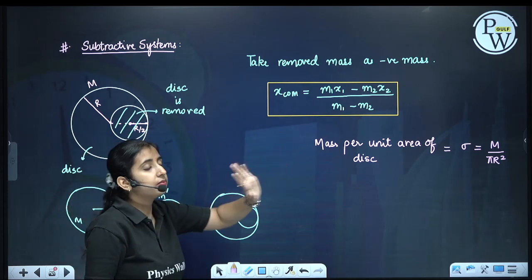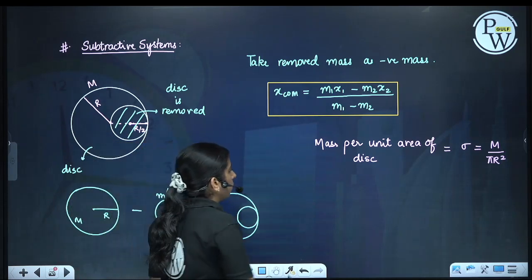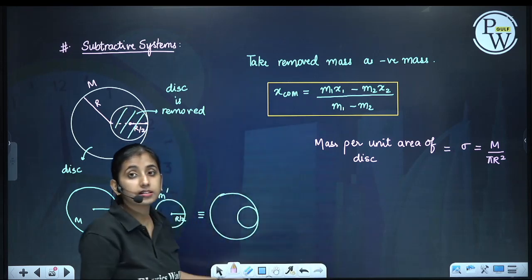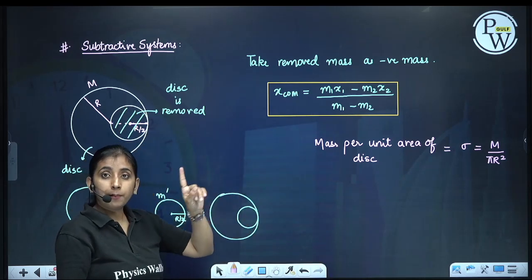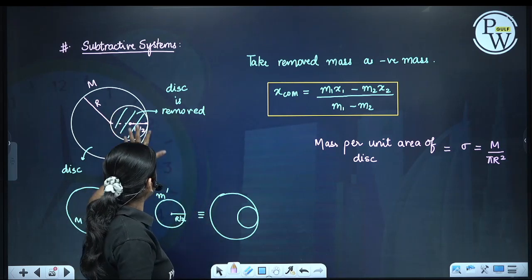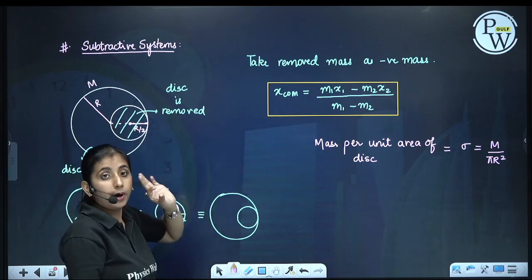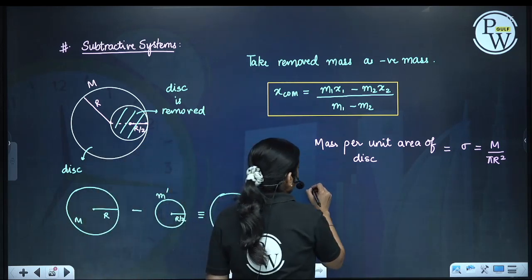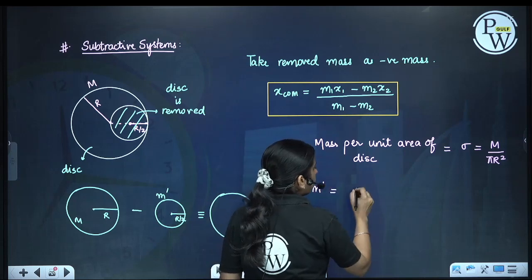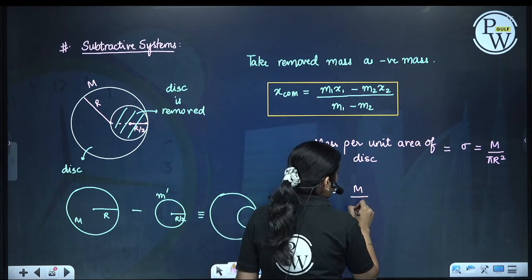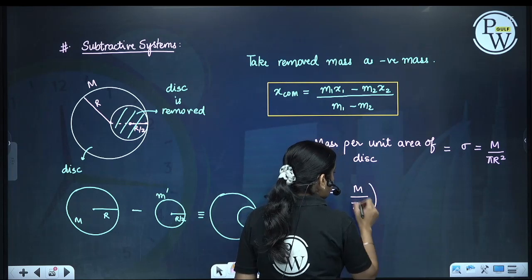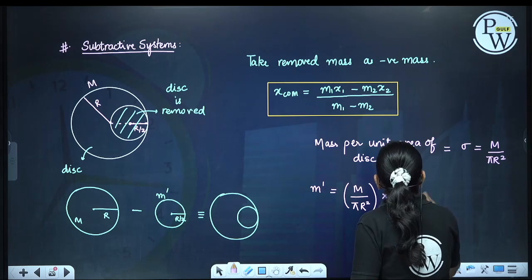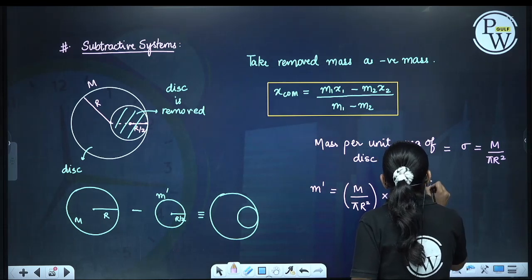So how much mass will a disk of radius r by 2 have? m prime will be equal to m by pi r square, the mass per unit area, into the area removed, pi into r by 2 whole square.